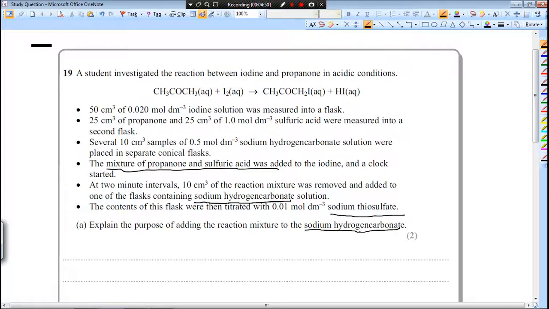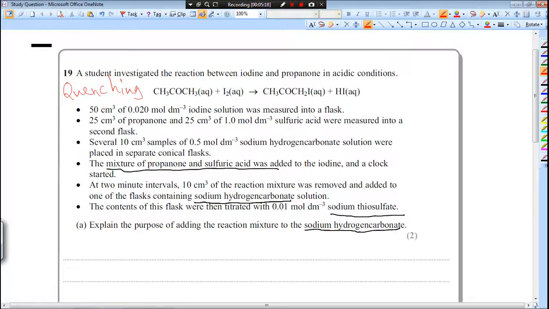So before answering why, we need to know the name of the method that is used here. This is called the quenching method. So we are quenching the reaction.